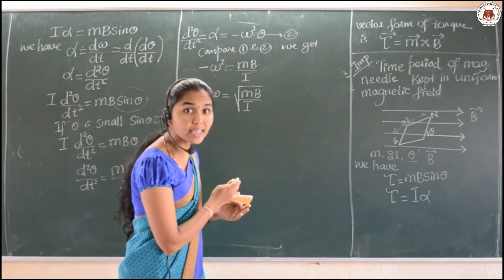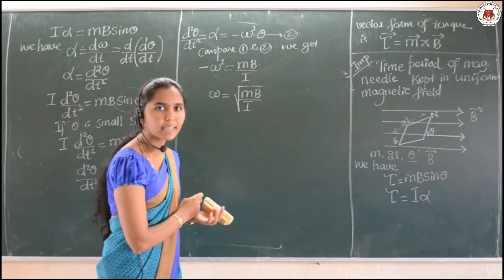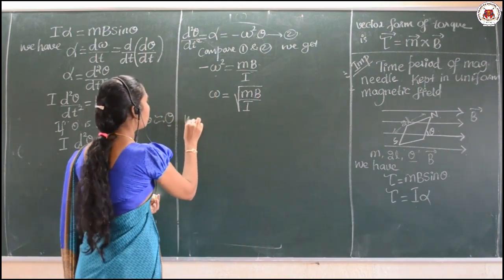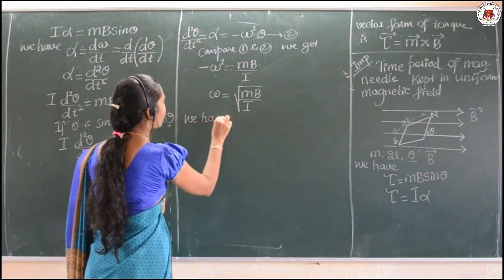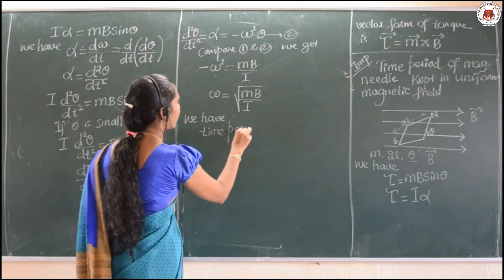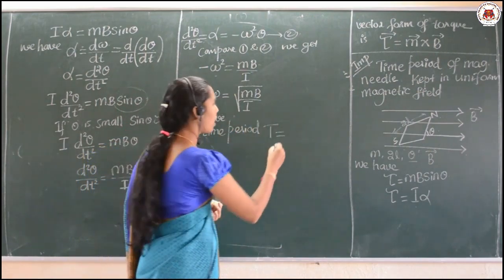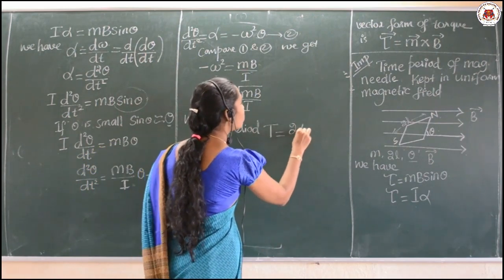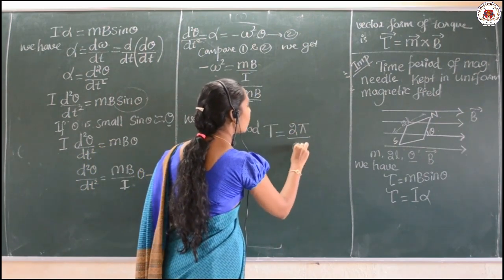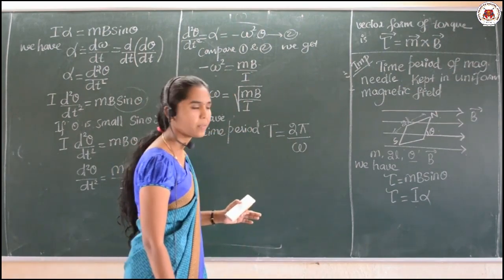Yes, we are at the last step, that is the time period of the magnetic needle. Then we have the time period T is equal to, what is the formula? T is equal to 2 pi upon omega. This also you know in the simple harmonic motion, right.